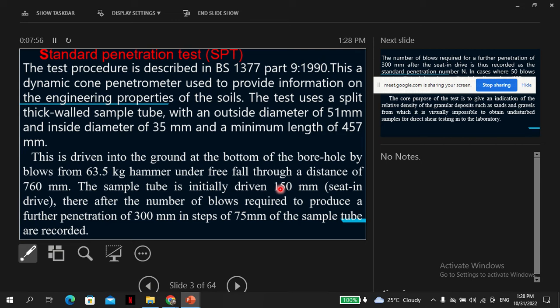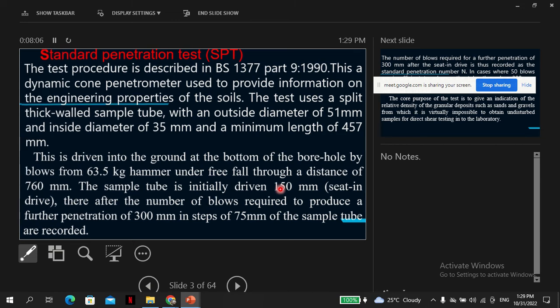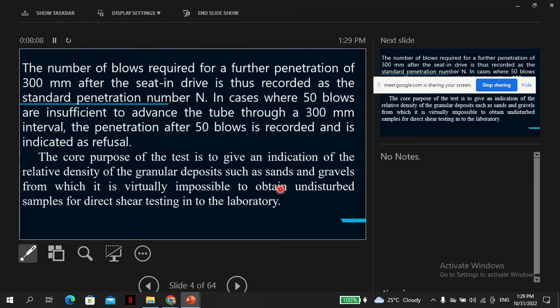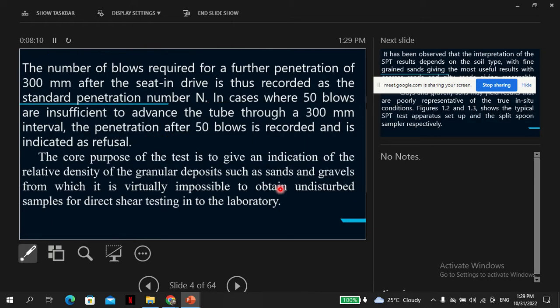So for every 75 millimeters, you count how many blows cause that movement, cumulatively up to 300 millimeters. This is what the BS says. The number of blows that cause 300 millimeters after the seating drive of 150 is recorded as N.